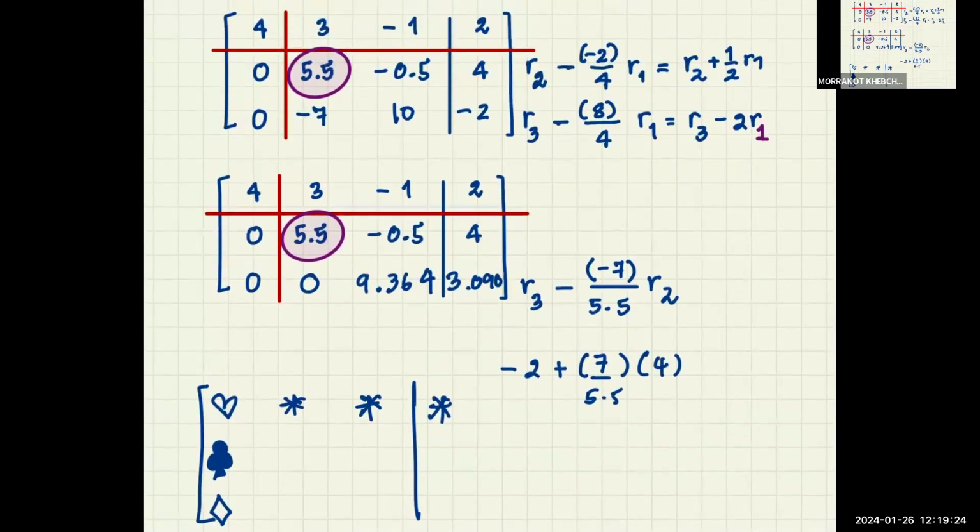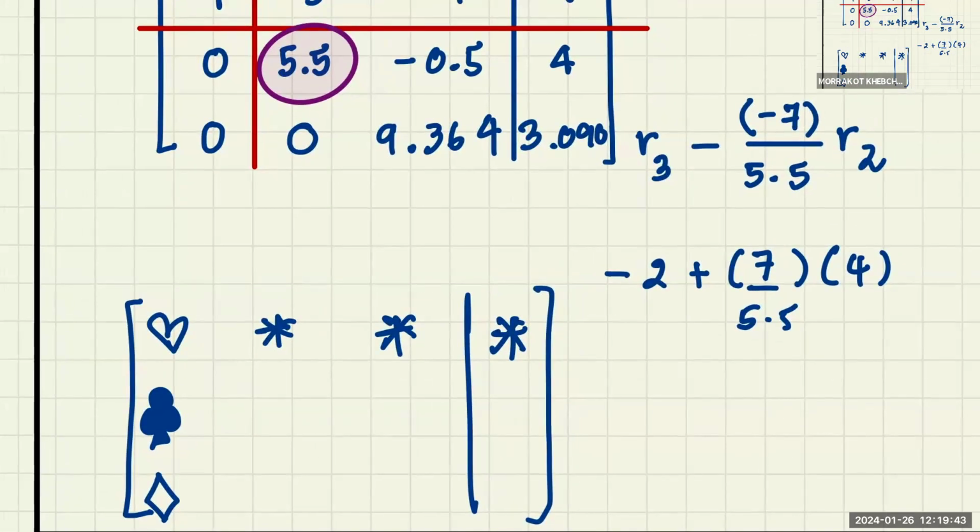So if you have something like this, originally the system, you have something like this.